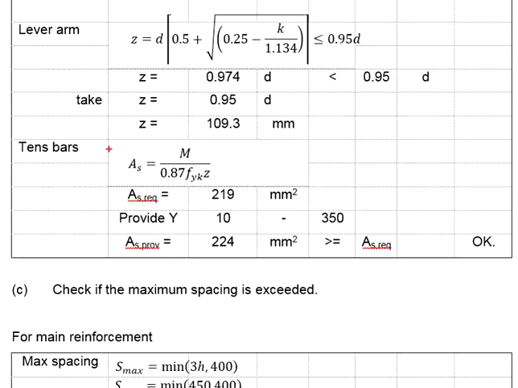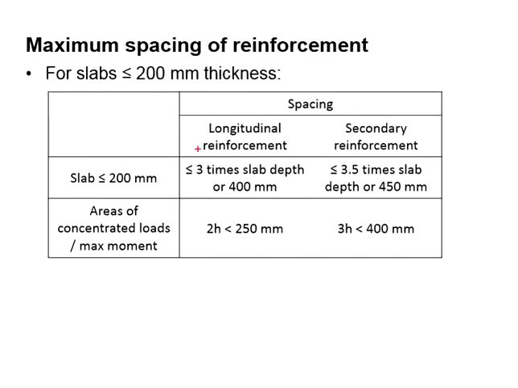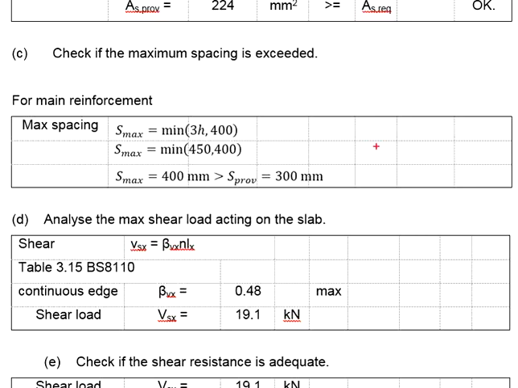Since in the example here we are designing for the main reinforcement, the requirement for the maximum spacing shall refer to the conditions of the longitudinal reinforcement. The maximum spacing shall not exceed 3 times the slab depth or 400 mm. In other words, we are looking at 3 times of the h or 400 mm. Use the smaller value to define the maximum spacing.